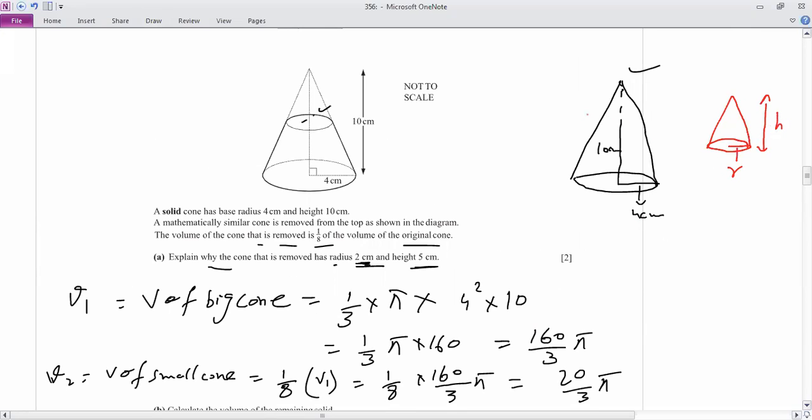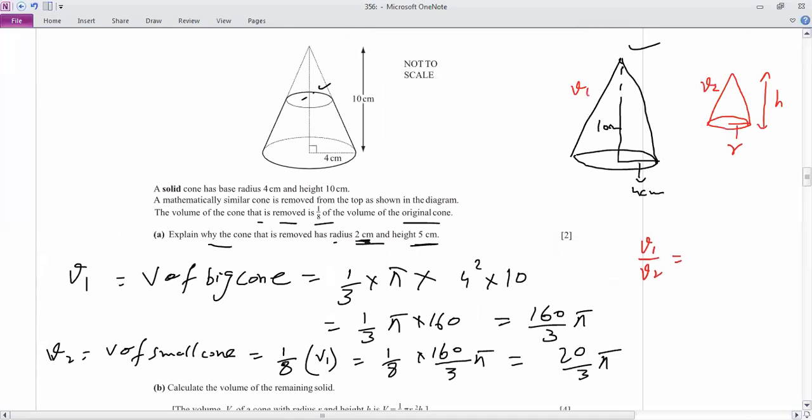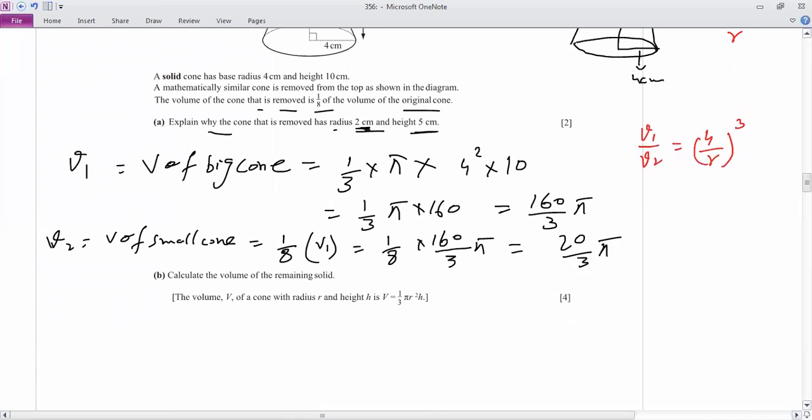Because volume now I have, its volume is v1, its volume is v2. So if I will use this property, v1 over v2, the ratio of the volume will be equal to the ratio of corresponding sides cubed. So first I will consider the radius ratio. It will be 4 over r cube.